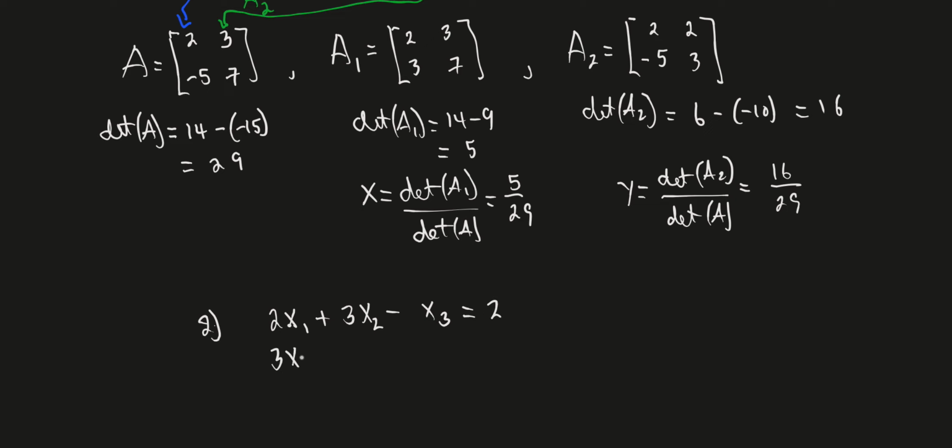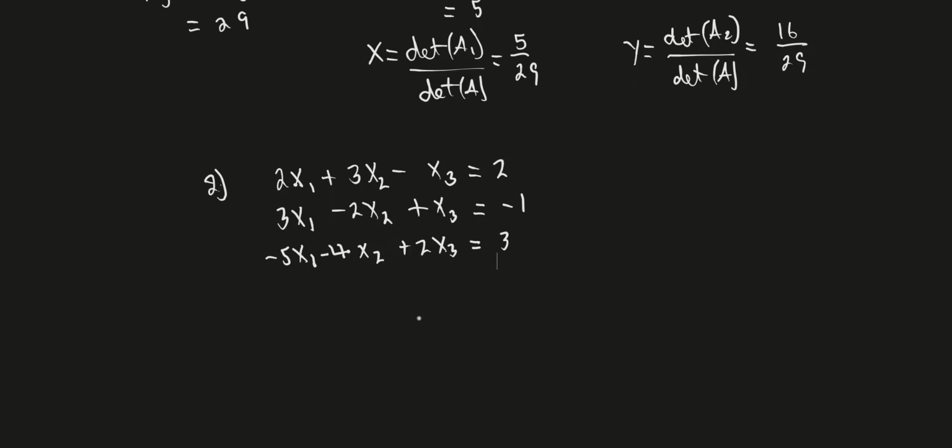And then 3x1 minus 2x2 plus x3 equal to negative 1. And then negative 5x1 minus 4x2 plus 2x3 is equal to 3.